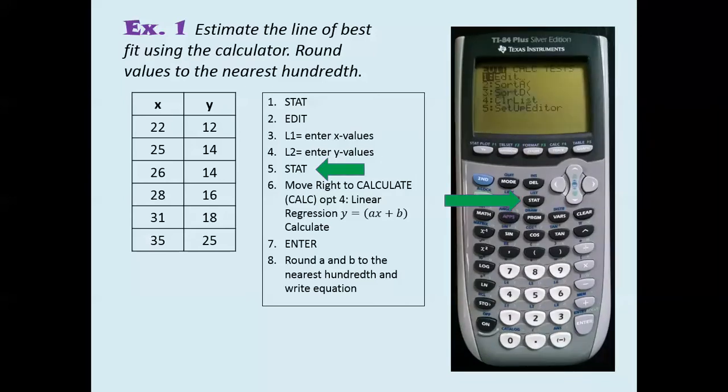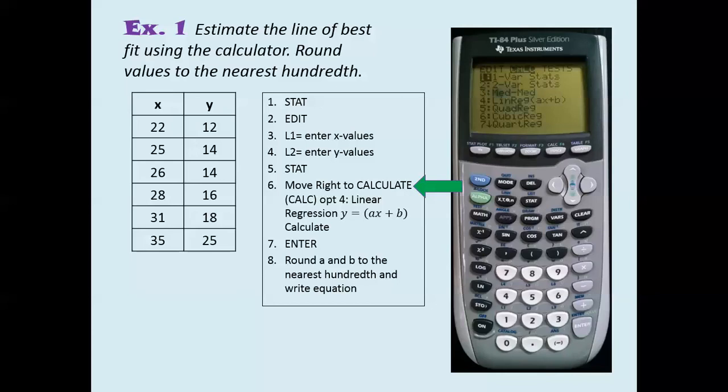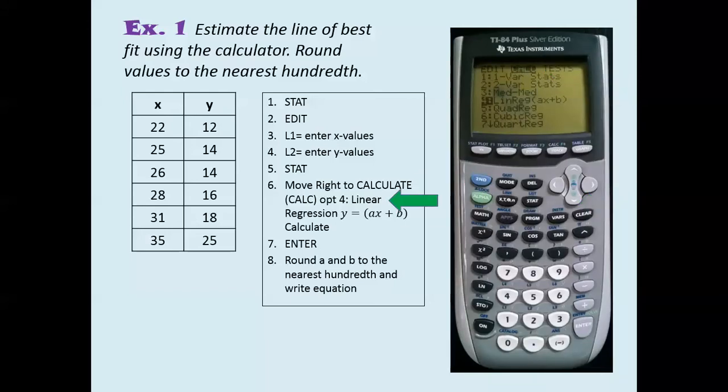Next thing we want to do is go back to the stat button and press that so that we can do our calculations. After that, we're going to move the cursor using the right arrow key over to the calculate menu option. And once you're on calculate, then you want to choose option 4, which is linear regression.